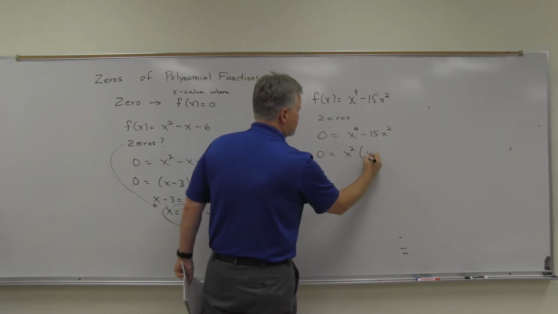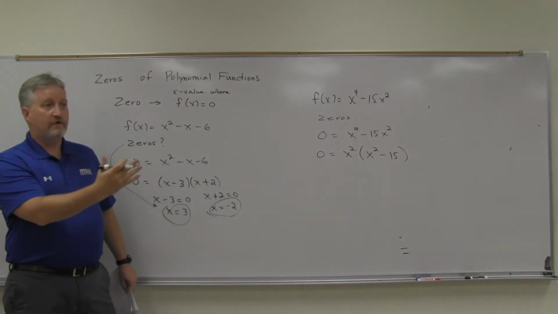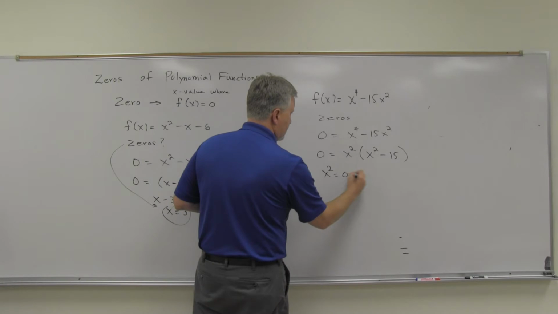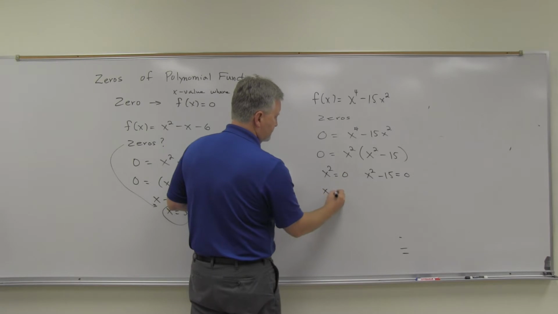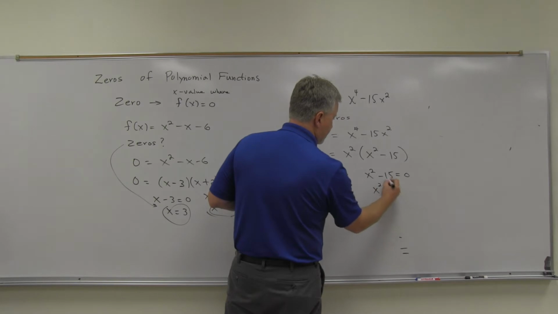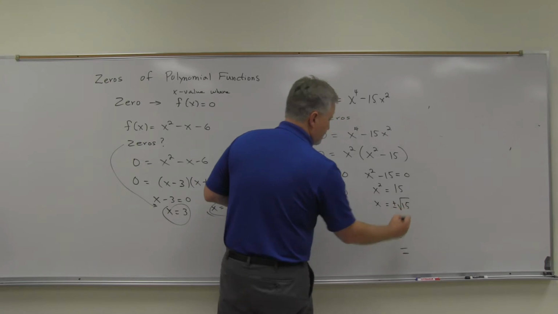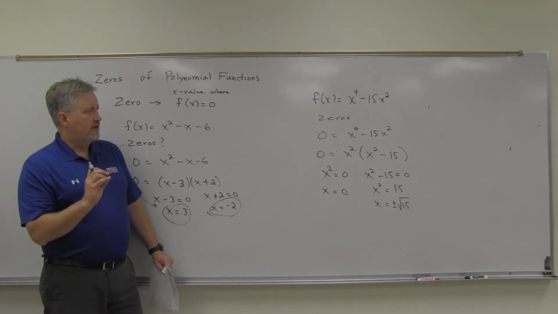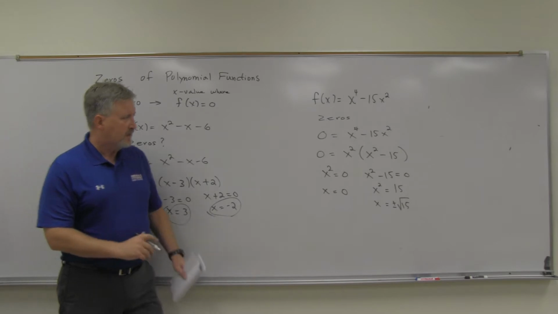Set it equal to 0, factor off an x squared, set x squared equal to 0 and x squared minus 15 equal to 0. Here, square root both sides, you get x is 0. Over here, you get x squared, add the 15, and then square root both sides, but you get plus or minus. The main thing I wanted to mention on this one is this one right here.